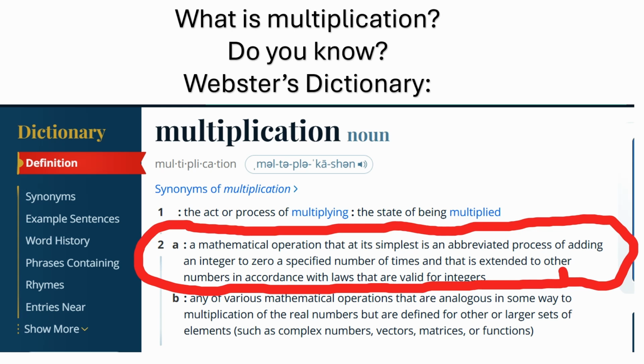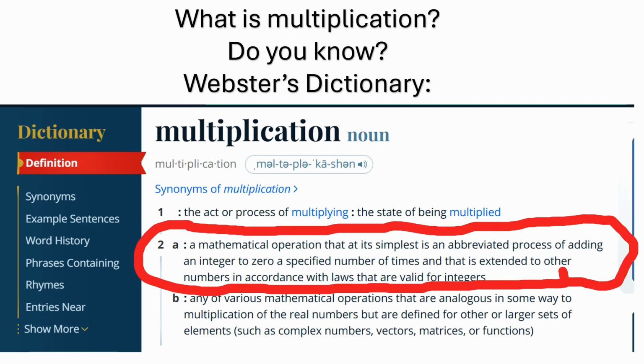I know a lot of people get hung up on acronyms like PEMDAS and BODMAS and so on, and they're like, well, why do you have to do the multiplication first? That's stupid. Well, it all comes down to what multiplication is actually defined as, and we can go look in Webster's dictionary: a mathematical operation that at its simplest is an abbreviated process of adding an integer to zero a specified number of times and that is extended to other numbers in accordance with laws that are valid for integers.